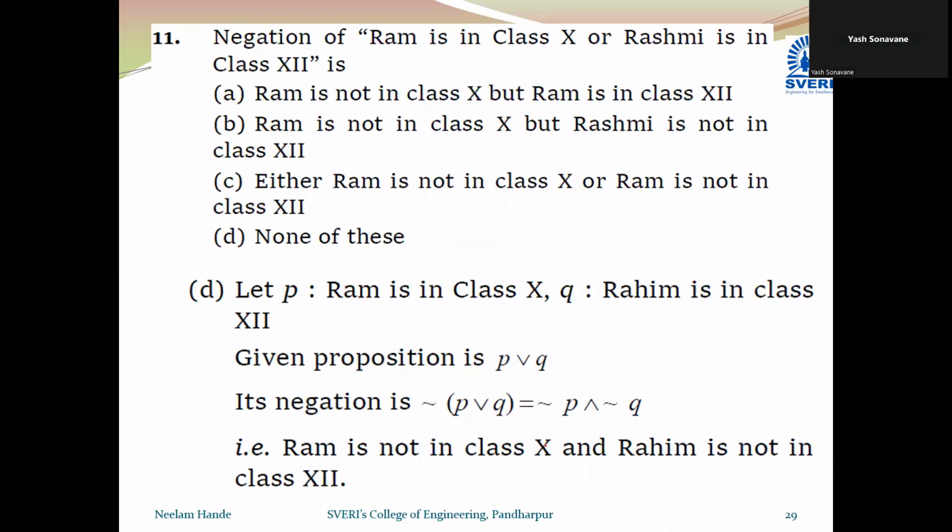Ma'am, B is correct. Do you understand? Negation of? Everybody, this is your question. Ma'am, option D. You understand now? D is correct. Very good.